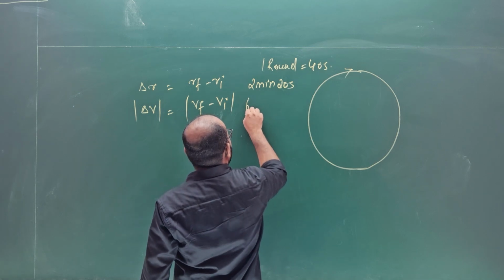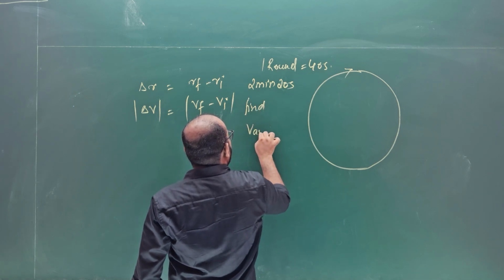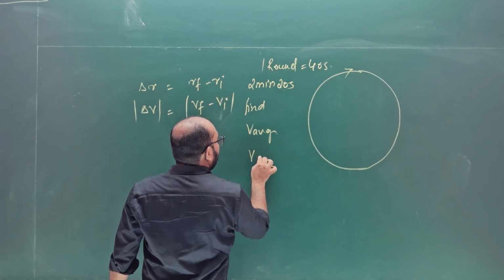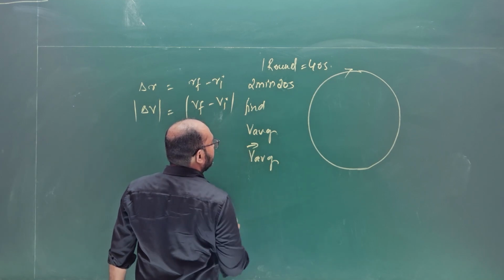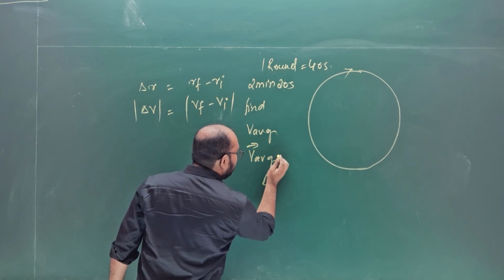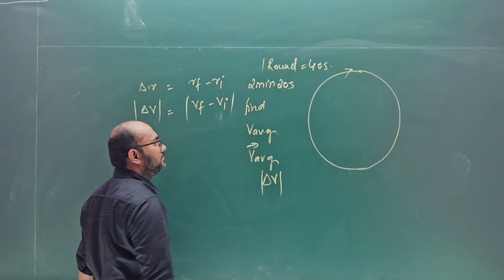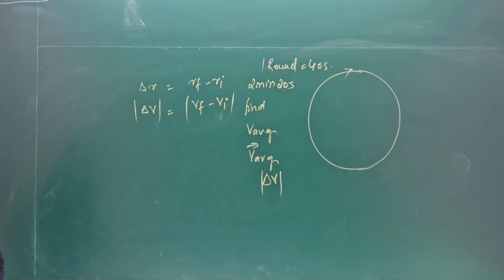Then find V average, the average velocity, and then the magnitude of the displacement vector. Try this first.